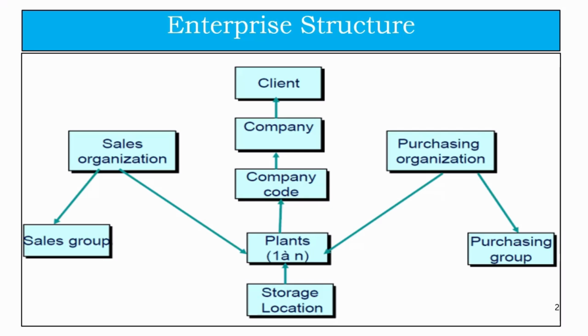For example, maybe 100 for the US, India 200, Saudi Arabia 300, like that. That's what we call a client code in the infrastructure.